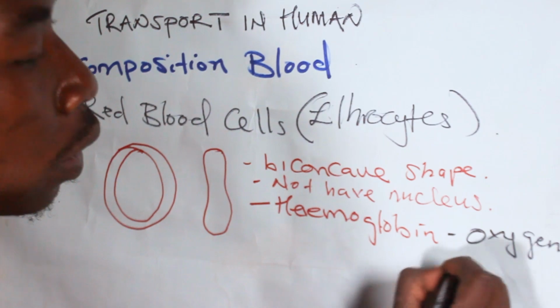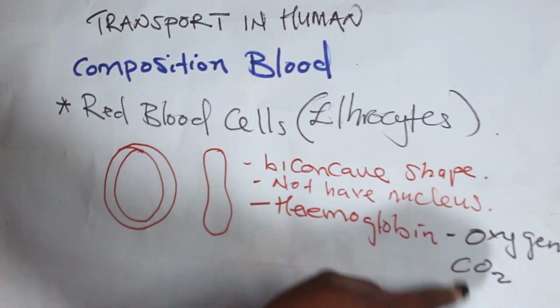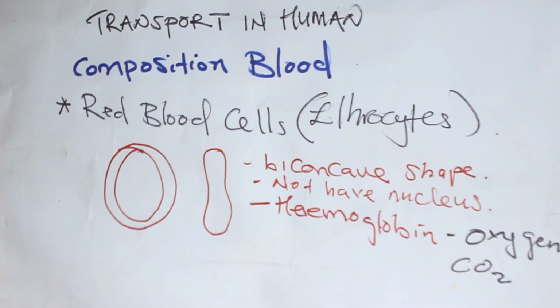And other than the oxygen, carbon dioxide is also attached to the hemoglobin, and it is transported from the lungs to the body parts where the oxygen is needed, as well as carbon dioxide being taken away from the tissue cells to the lungs, and it is breathed out as a byproduct.